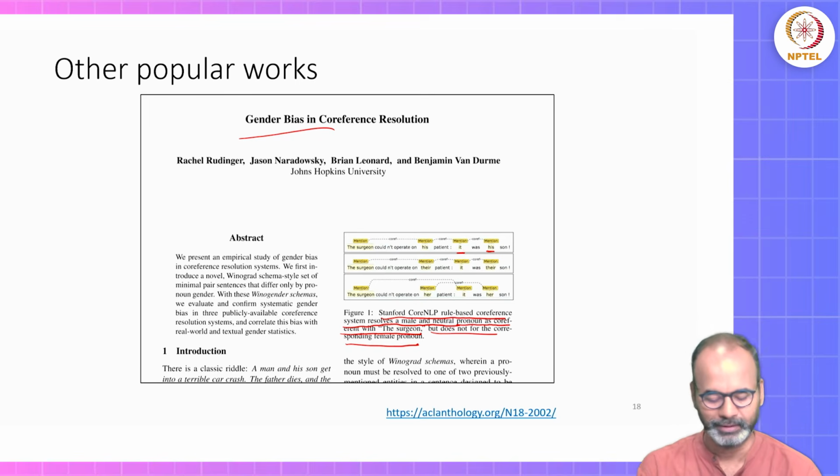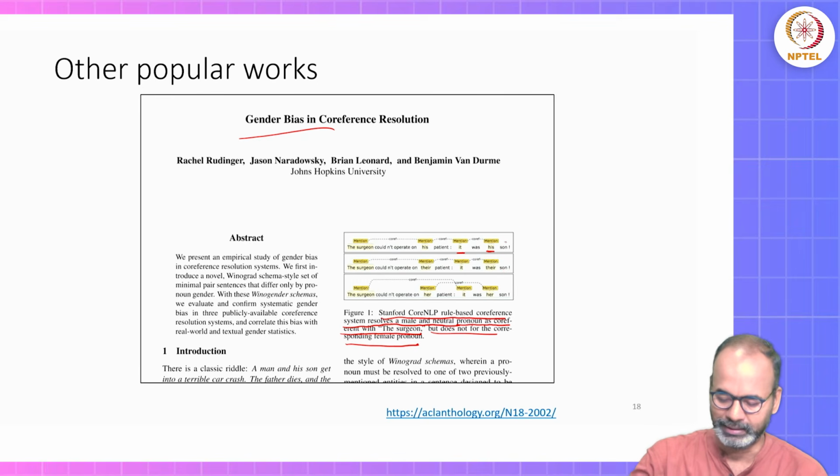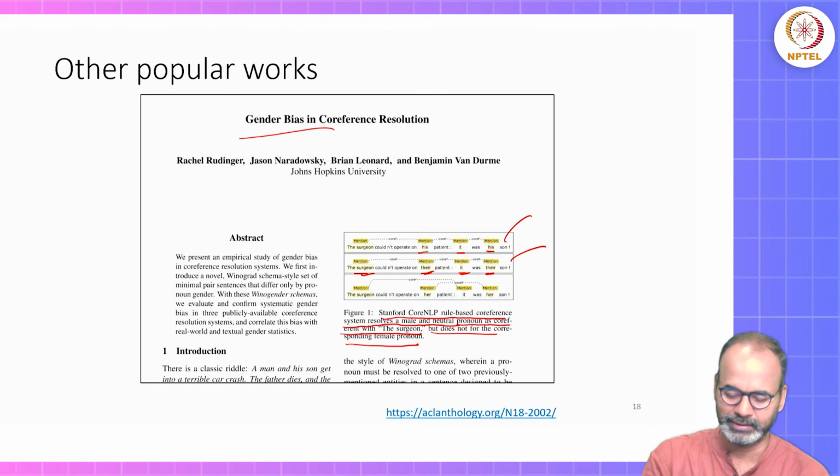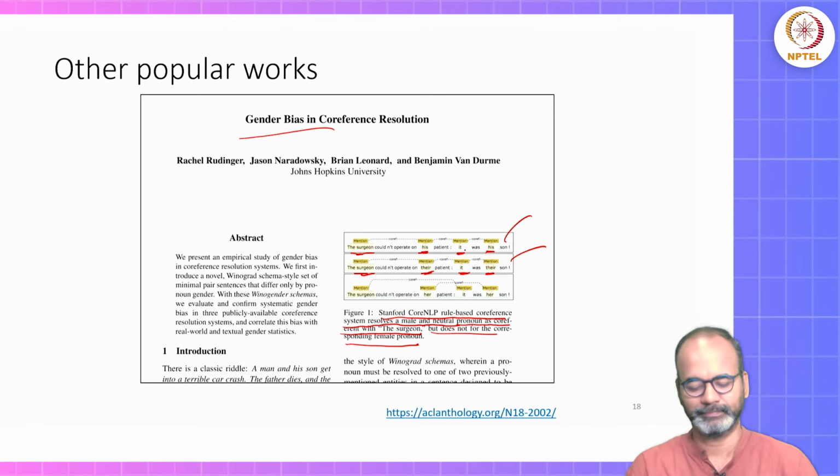Okay, look at the second sentence, which is, the surgeon couldn't operate on their patient. Here also again on their patient. It was their son. So it does the same thing as this and this. Almost everything is the same.